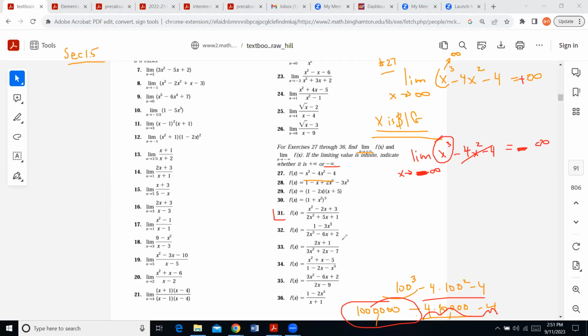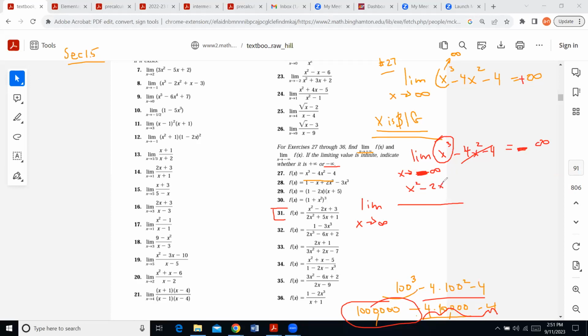And for problems like exercise 31, we're going to need to do a special procedure with this function. The procedure is dividing by the same power, because notice in number 31, we have x squared on the top and x squared on the bottom. So what people do to find a limit when x approaches infinity, and that's only for the cases when x approaches infinity, other limits we look for other ways.